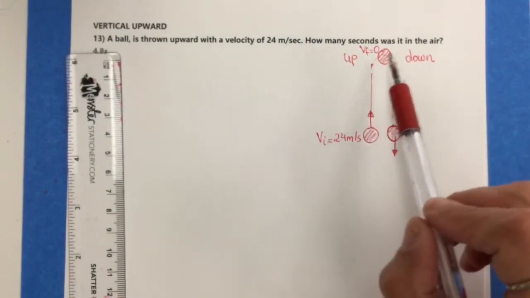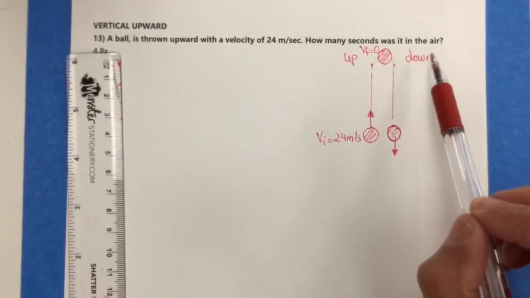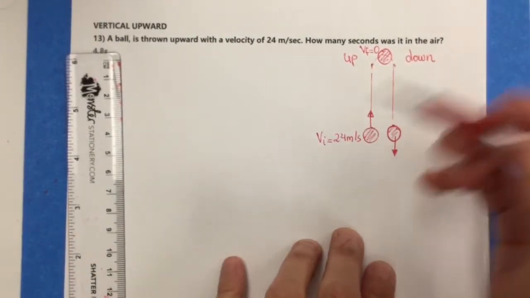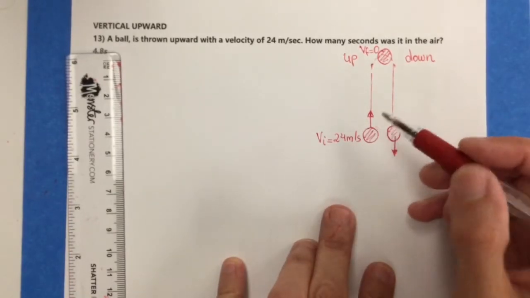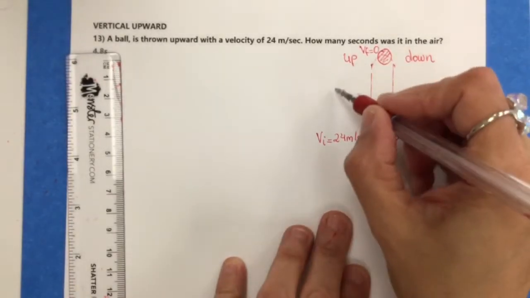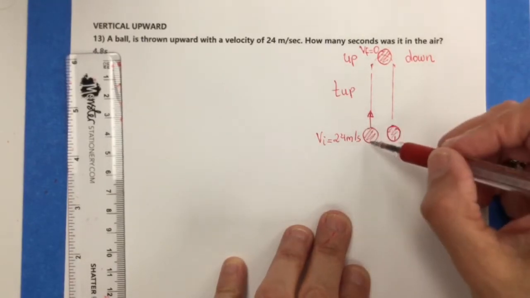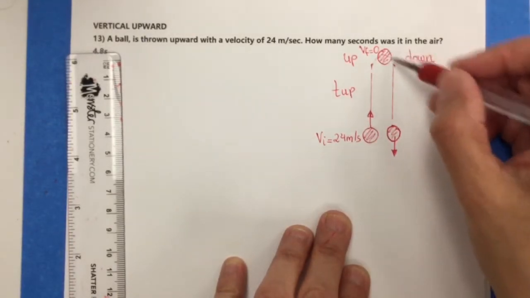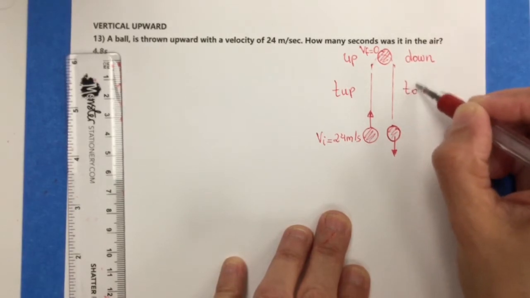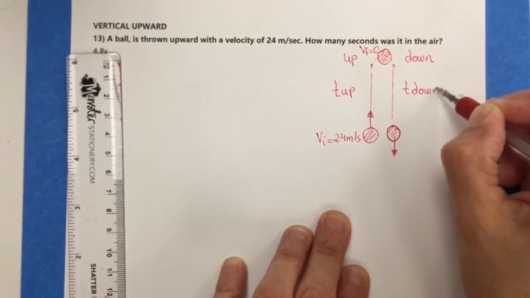It is asking how many seconds it was in the air. So what we are going to do is, if we can calculate the time that it took to go up, that is the same time that it is going to take to come down.